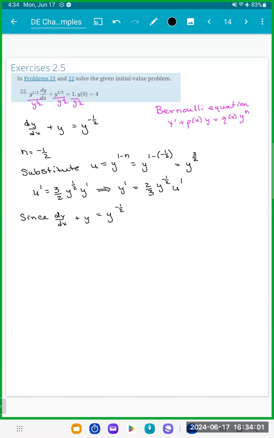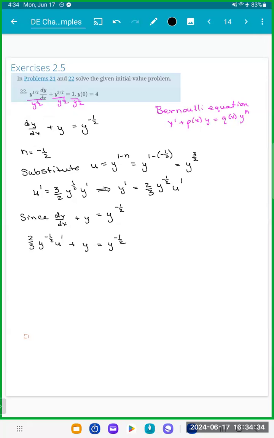Let's rewrite our original equation as 2/3 y to the negative 1/2 u prime plus y equals y to the negative 1/2. So we're just looking at this equation up here and plugging in our dy dx that we have.